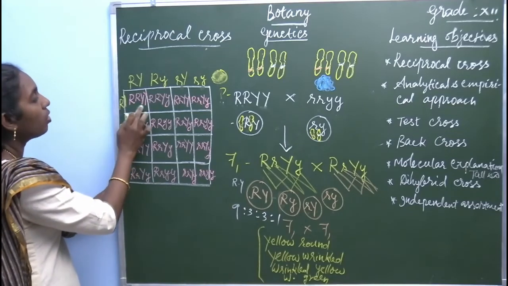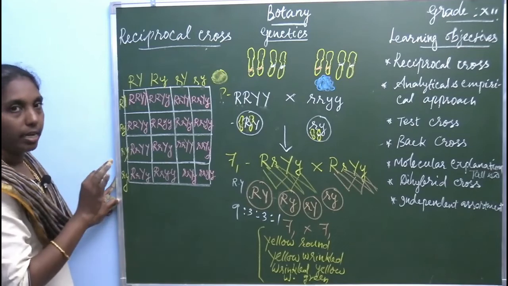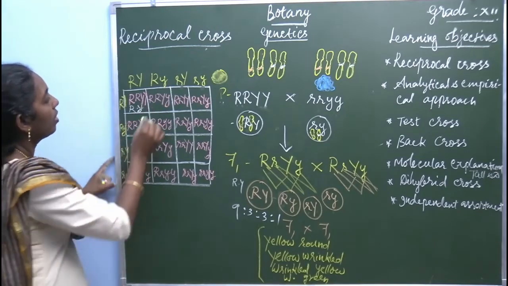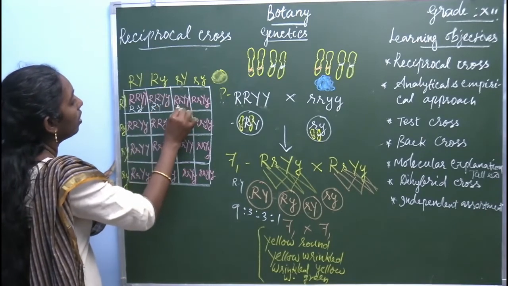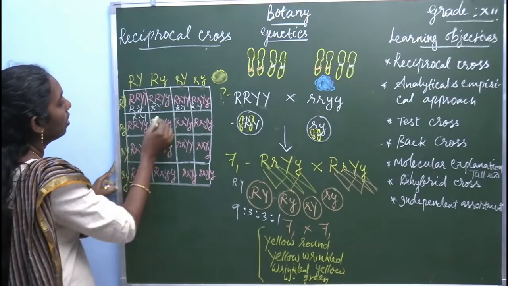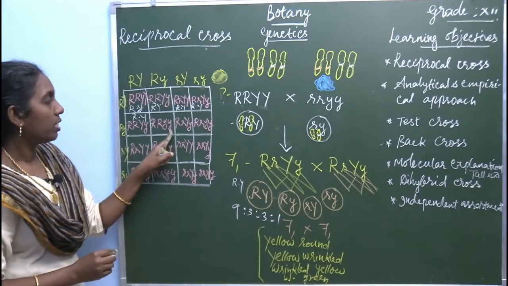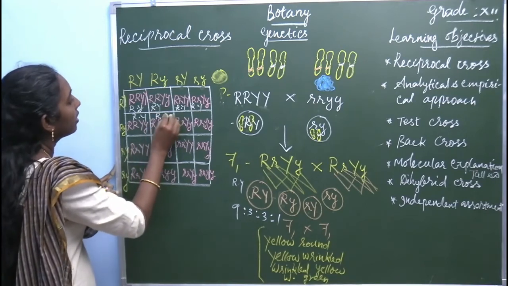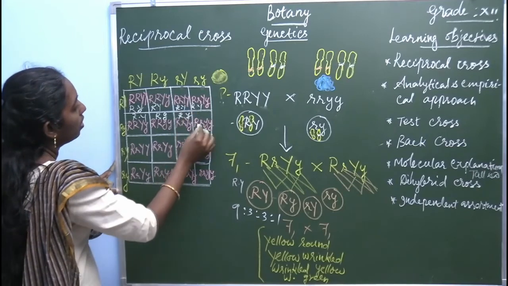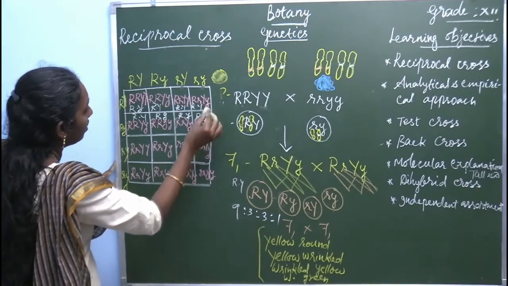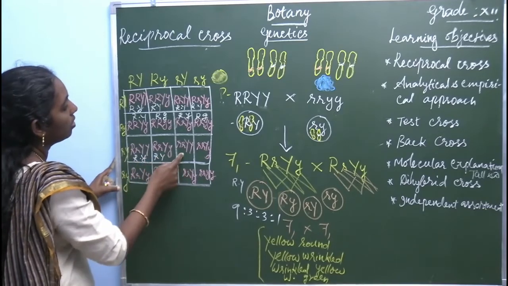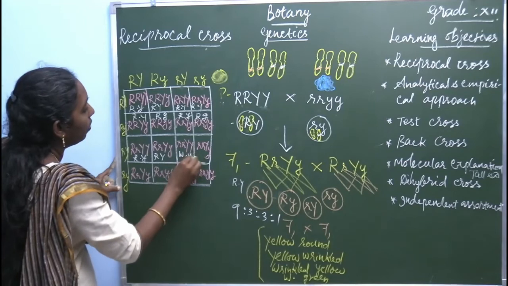If it contains capital R and capital Y, that is round yellow. Here round yellow, round yellow, round yellow, round yellow. Here capital R but small y is there, so round green. Here round yellow, round green. This is wrinkled yellow.